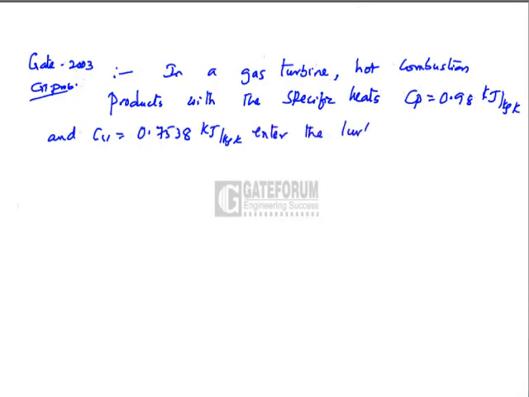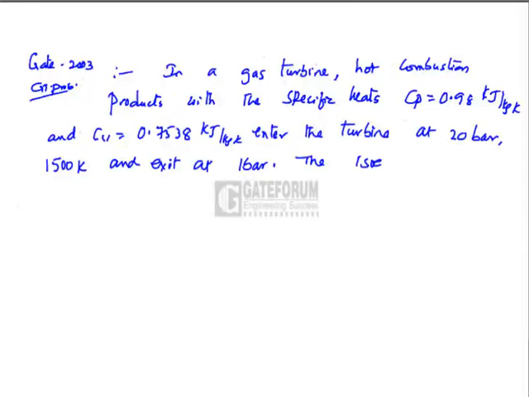enter the turbine at 20 bar, 1500 K and exit at 1 bar. The isentropic efficiency of the turbine is 0.94.